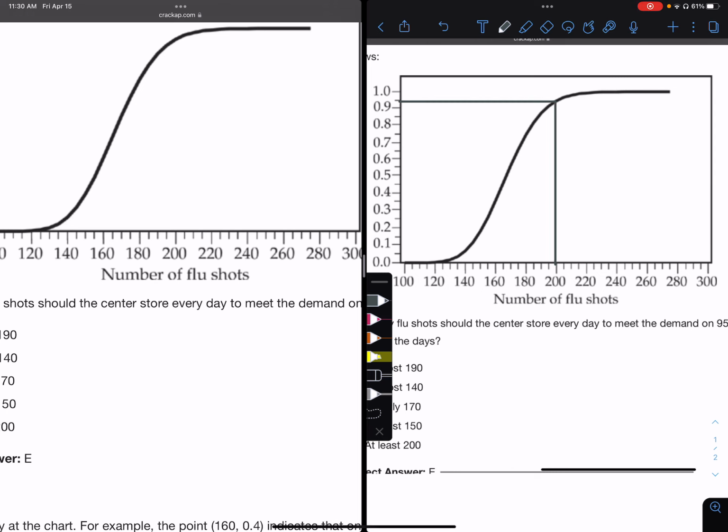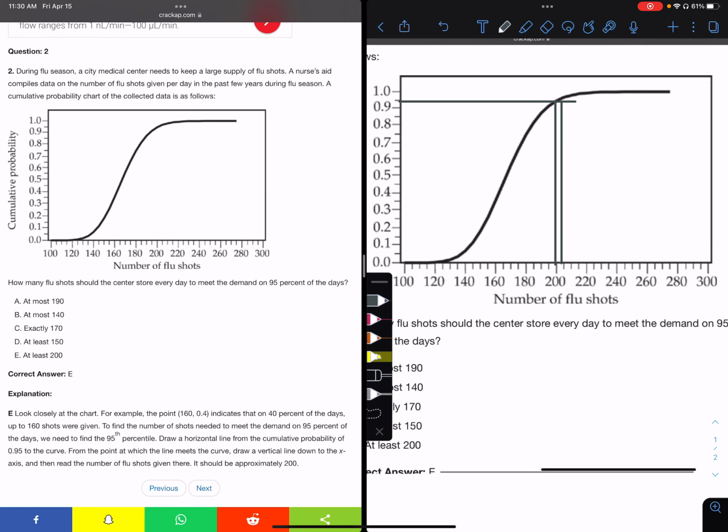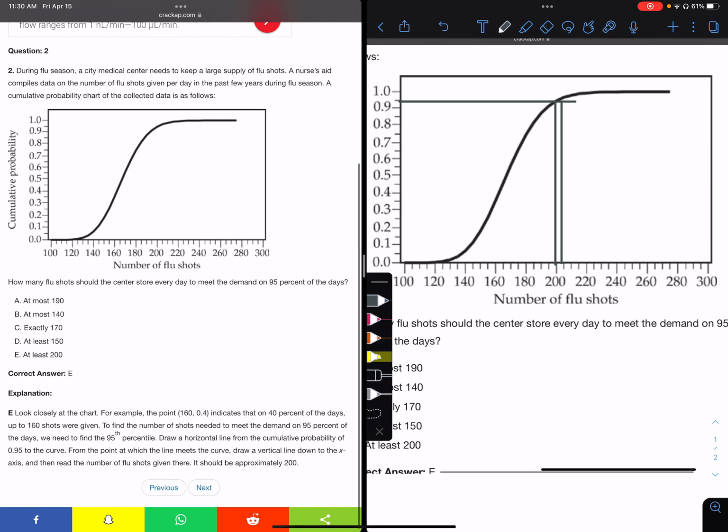Huh? Bruh. I put 190 at most. At most. Bruh. You need at least 200. That's stupid, but that's fine.